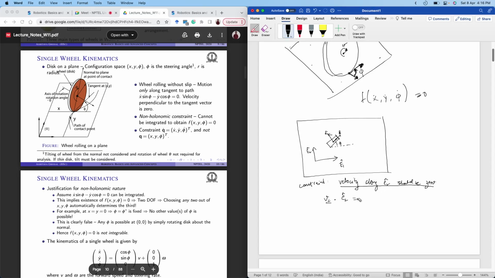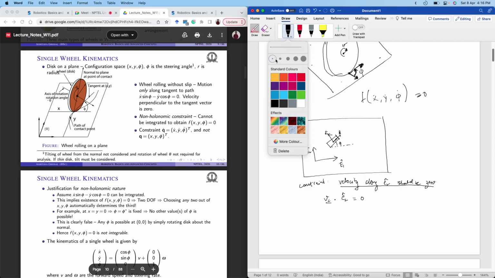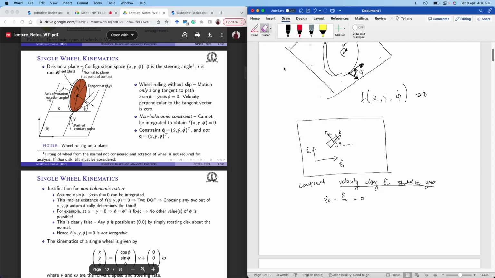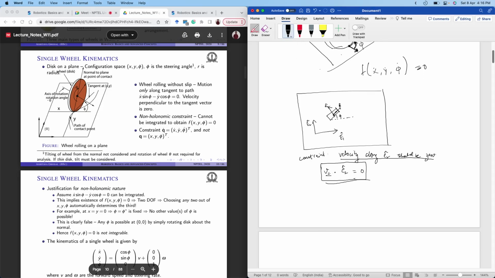This should be equal to 0. This is the constraint that we have here. And what is vc? vc is just the velocity of the center of mass of the wheel, or rather not just the center of mass, it is the velocity of the point of contact of the wheel.